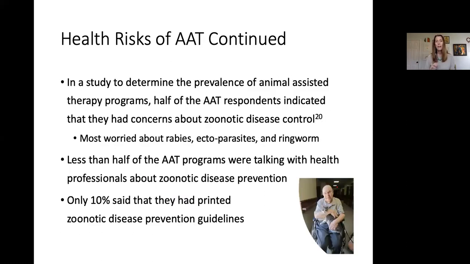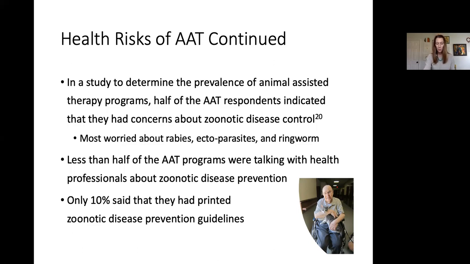So now that we have done a little bit of background on some of the health benefits and some of the specific health risks, it's important to gauge where we're at. The animal-assisted therapy community has been talking more about zoonotic disease prevention efforts and trainings. But at the current time, we are not at a level where we have good knowledge, perceptions, or attitudes concerning our zoonotic disease risks.